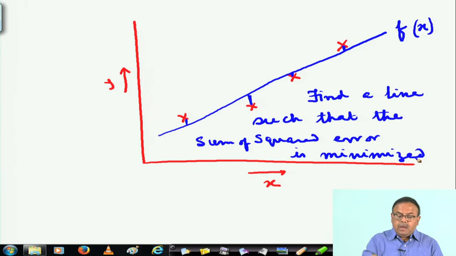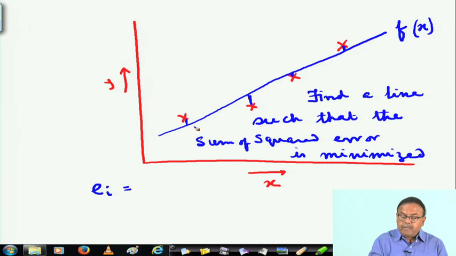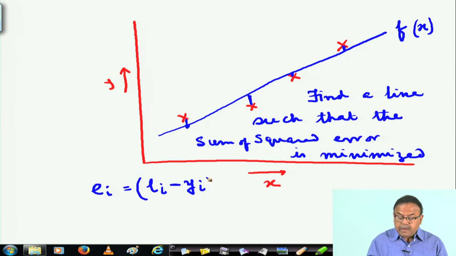That means, what is an error? Error is Ei when I take whatever my line is saying, let me call it Li, what the line is telling me the value, and whatever is the actual value Yi, I consider the difference to be the error. You can see it is positive or negative, and I take the error of all these.